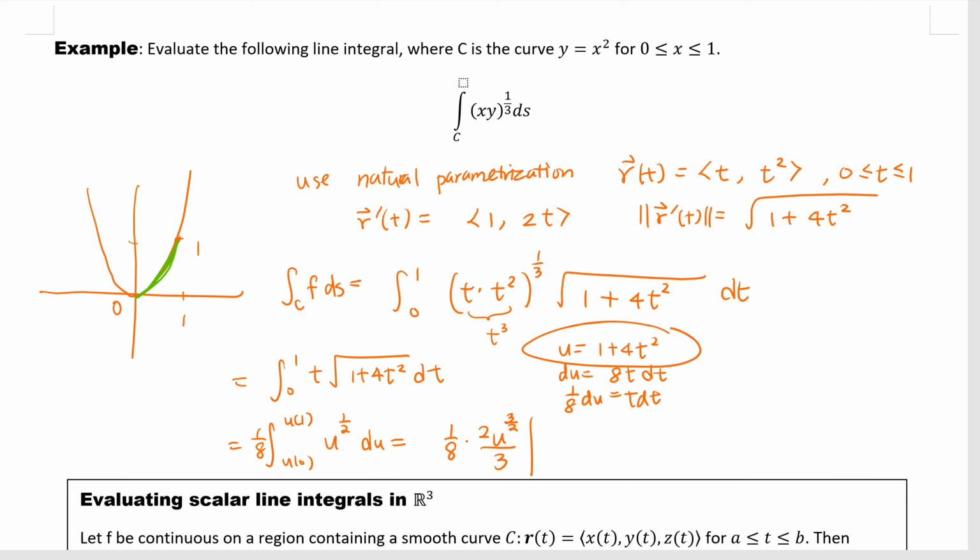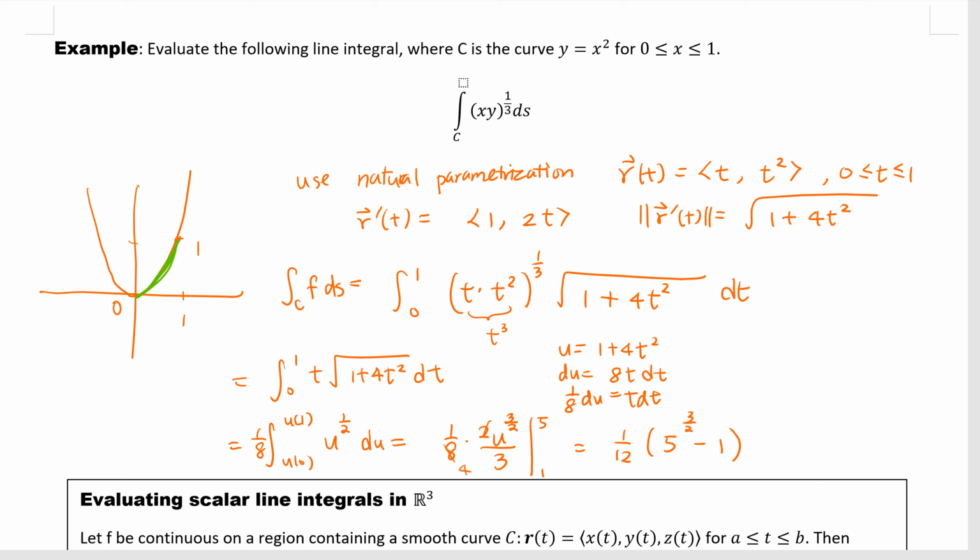So we look at this guy, we plug in t is 0, we get 1 plus 0 is 1. u of 1, 1 plus 4 times 1, which is 5. Okay, this cancels. So we have 1 over 12, and then 5 to the 3/2 minus 1 to the 3/2 is just 1. So this is our answer.